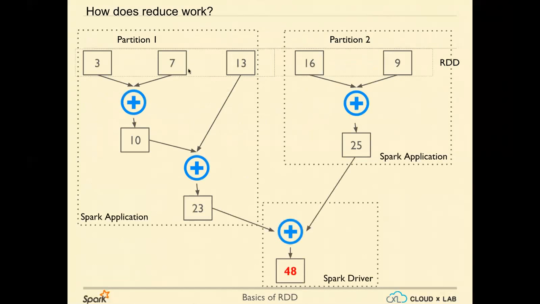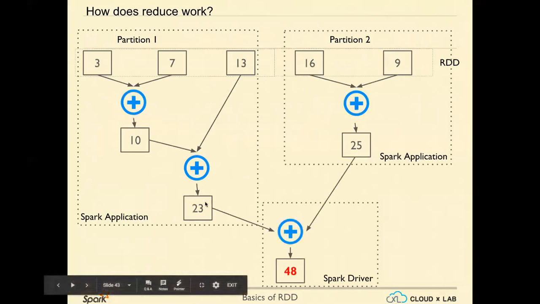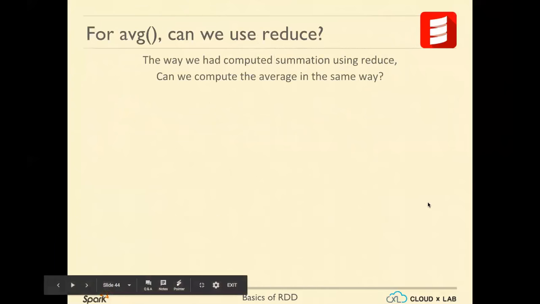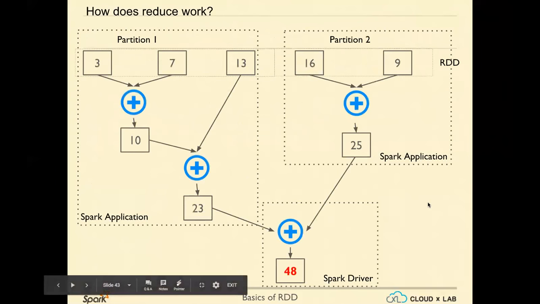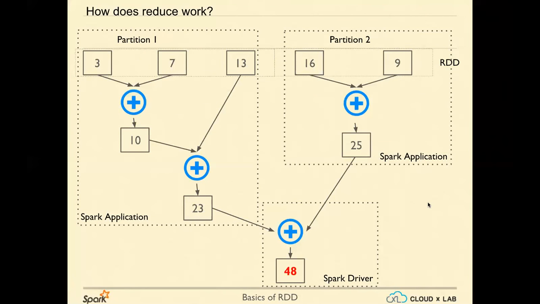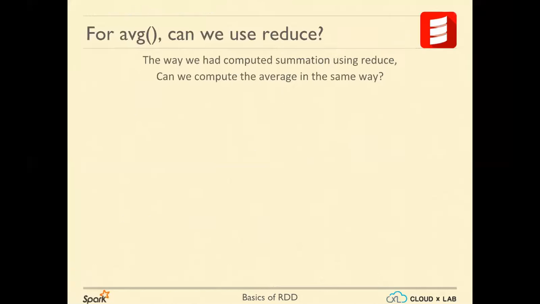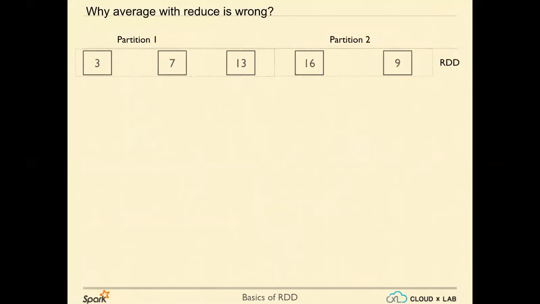When we are calling reduce, some of the reduces would happen on each partition, and some of the reduces will happen on the driver. The same function, whatever you're calling, could happen this way. You can express the entire logic in the same graph way and be able to visualize it.